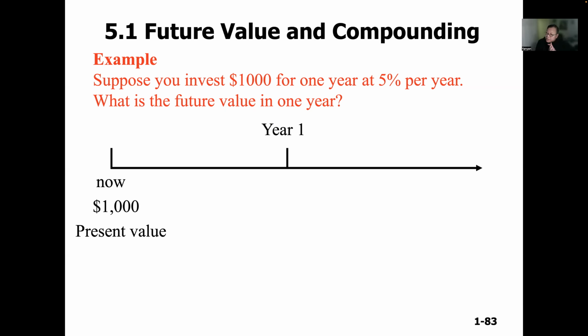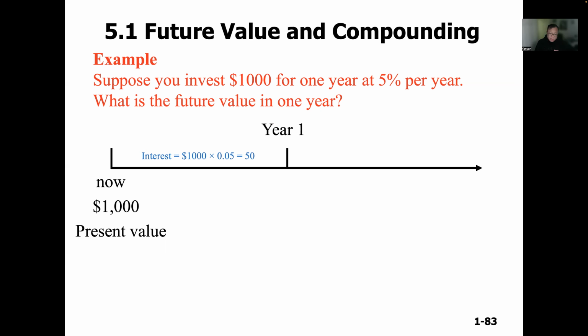Here you have to consider that you earn some interest for this 1 year period of time. So how do you calculate interest? You use your balance, $1,000, the beginning balance, multiplied by the interest rate, which is 5%, so that's 0.05. So 1,000 times 5% is $50.